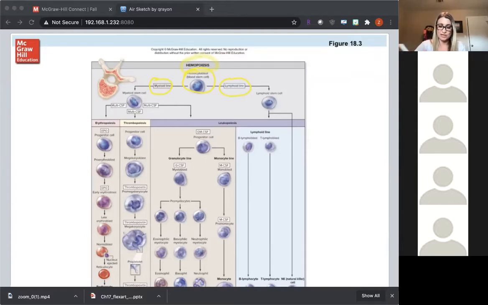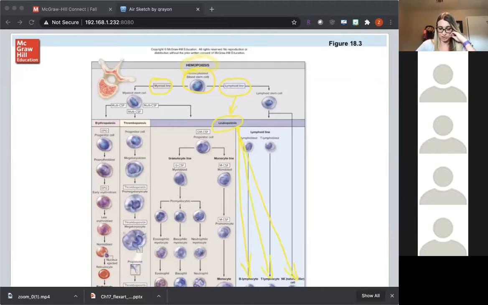So I'm going to start with the lymphoid line because it's easier, it's simpler here. The lymphoid line only leads through one process, and that is the process of leukopoiesis. And so the lymphoid line, through the process of leukopoiesis, gives you B lymphocyte, T lymphocyte, and natural killer cell.